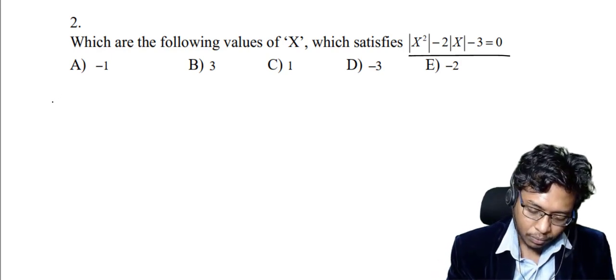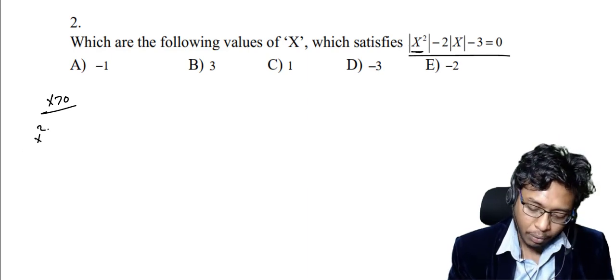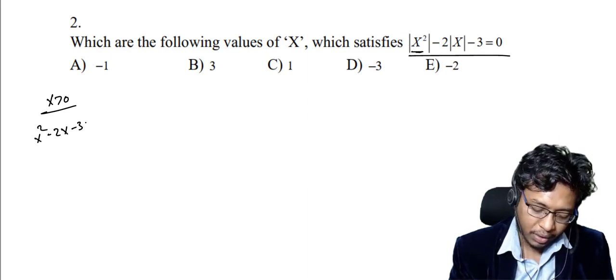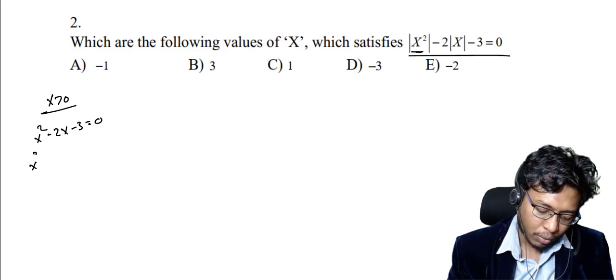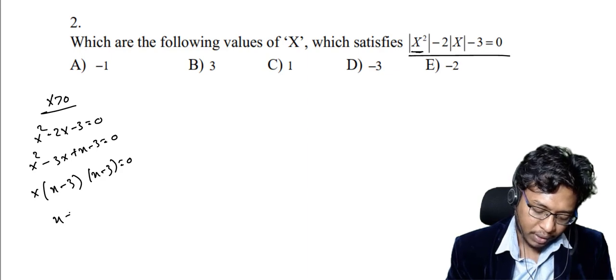Now if x is greater than 0, then the mod of x square will be x square itself. You will get a positive one. So this is x square -2x -3 equal to 0. When you factorize it, this will be x square -3x + x -3 equal to 0. So you take x common, x(x -3) + 1(x -3) equal to 0. So (x + 1)(x -3) equal to 0.